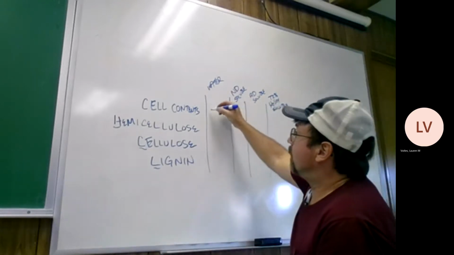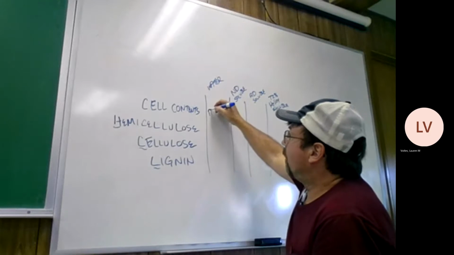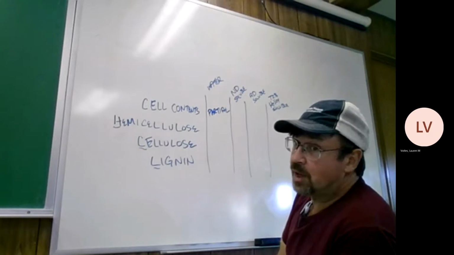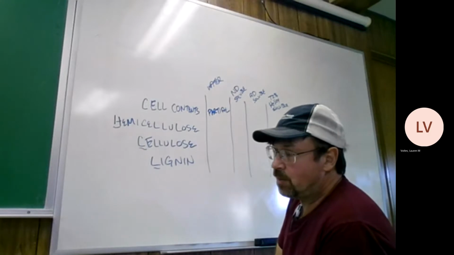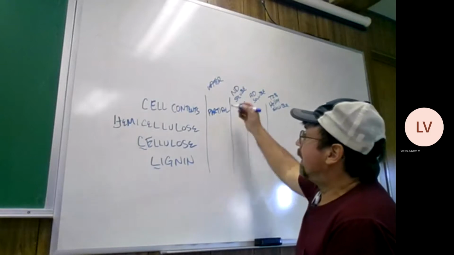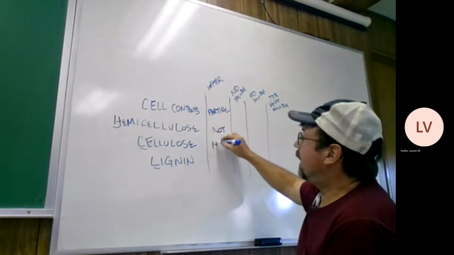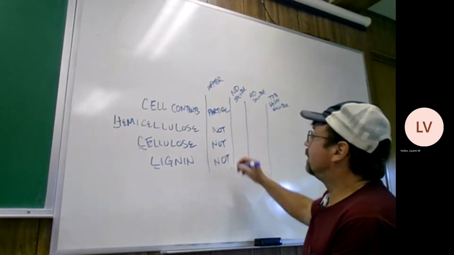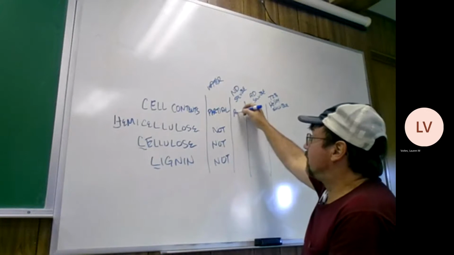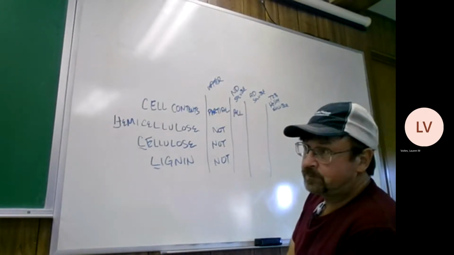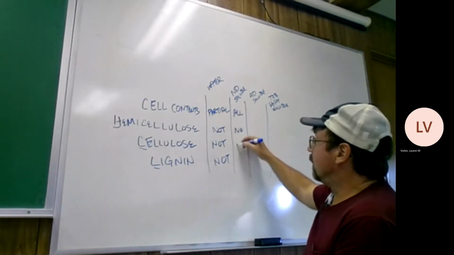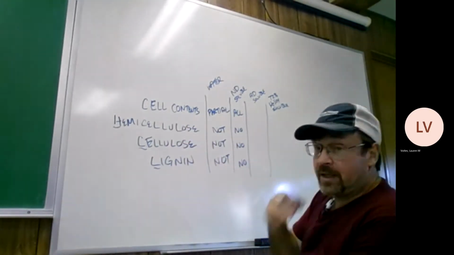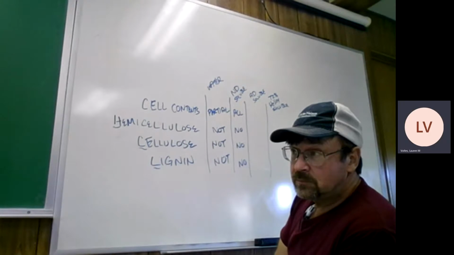So if we're just dealing with water, we've got partial. The cell contents would be partially water soluble. We'll talk about that later when we talk about carbohydrates. And then not, or no, as the case may be. For NDF, all of the cell contents are soluble, but not hemicellulose, cellulose, or lignin. So hemicellulose, cellulose, and lignin make up NDF. Okay.